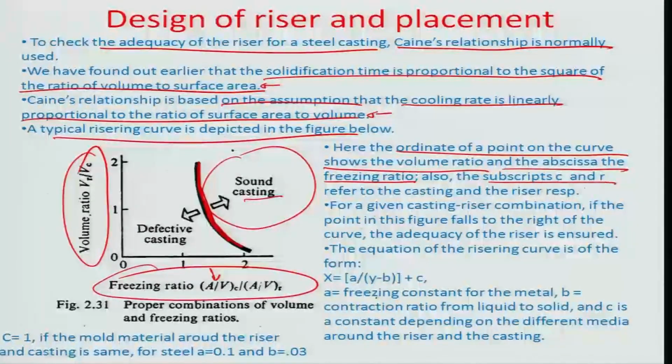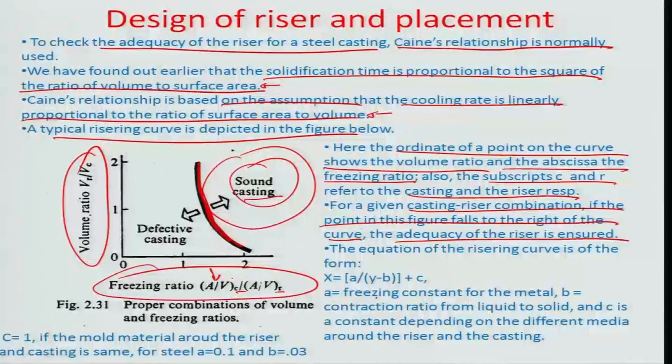Also, the subscripts C and R refer to casting and riser, as I think you have mostly understood from all my notations done earlier. And for a given casting riser combination, if the point on this figure falls to the right of the curve, the adequacy of the riser is ensured. So, we want to design for all those freezing ratios which are towards the higher side here, right about in this particular region, okay, and avoid all the freezing ratios where the casting may be rendered defective.